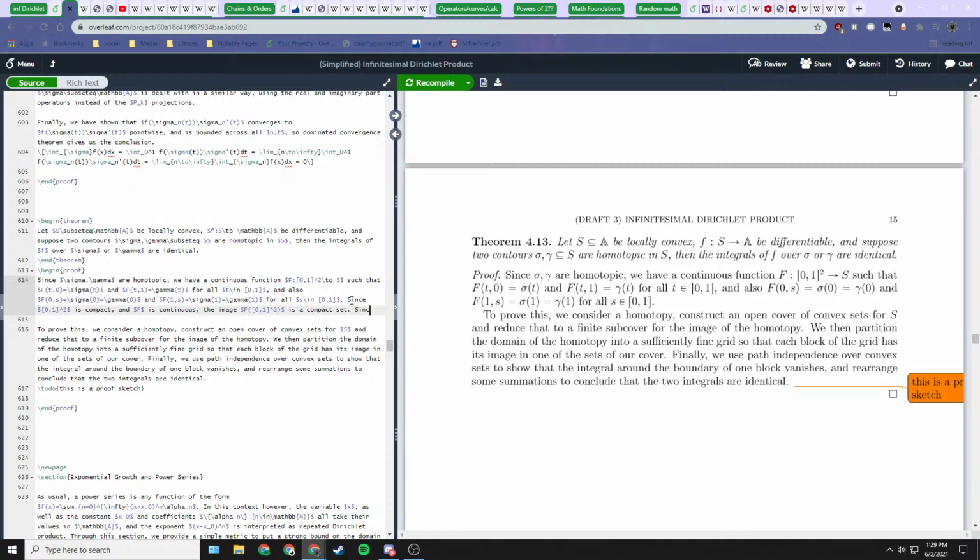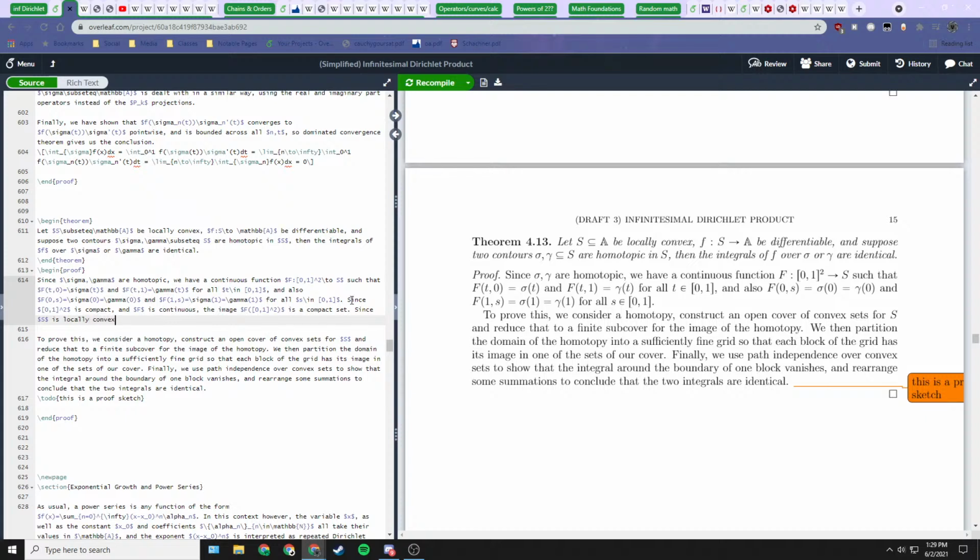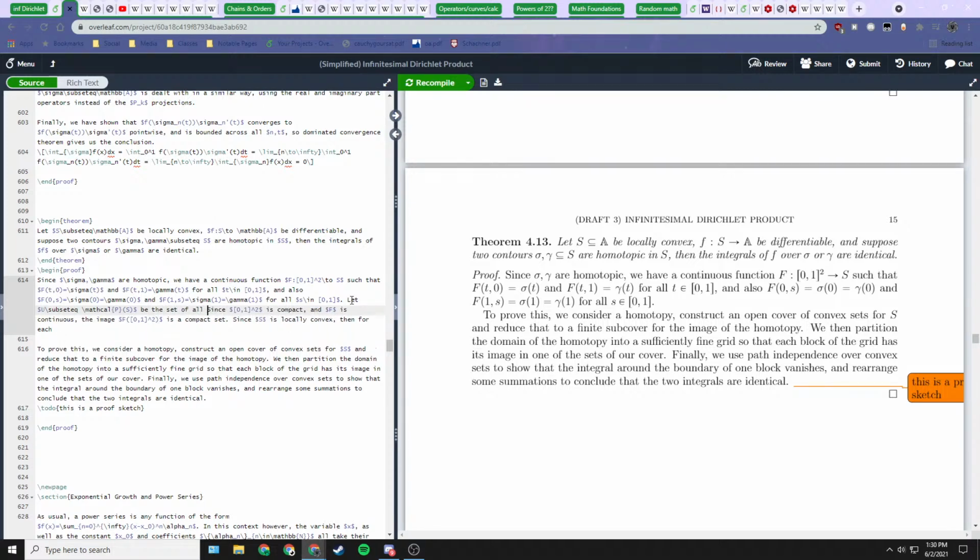Since S is locally convex, let U, a subset of the power set of S, be the set of all relatively open convex subsets of S. Since S is locally convex, this U is an open cover.